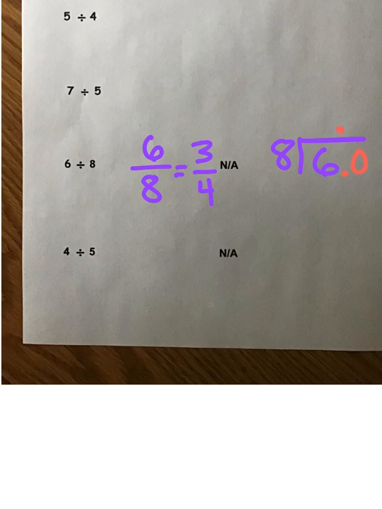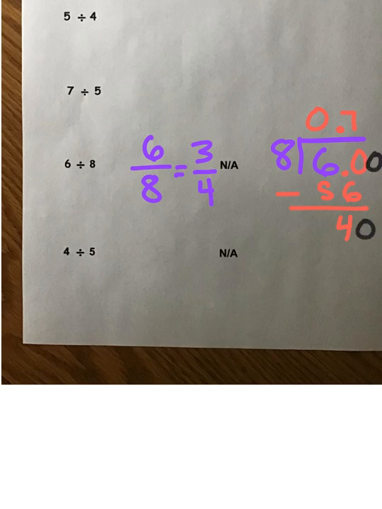So 8 does not divide into 6, but 8 times what will get me close to 60? That would, of course, be 7. 7 times 8 is 56. Whoops. Bad writing there. Okay. And when I subtract, I get 4. Now, again, I'm not going to have a remainder. So I am simply going to add another 0 and bring it down.